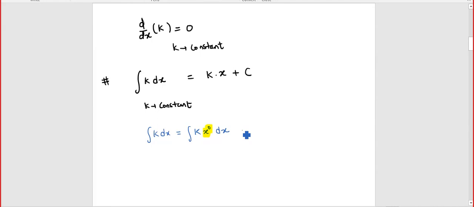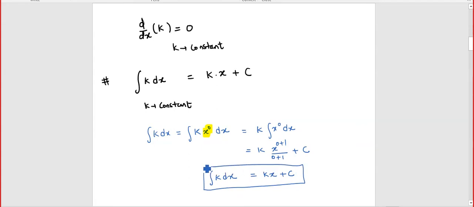So now using the rule, we get k times integration of x to the power 0. We increase the power by 1 and divide by the new power, plus c. So this gives you kx plus c. So we get our rule: integration of constant k with dx is equal to kx plus c.